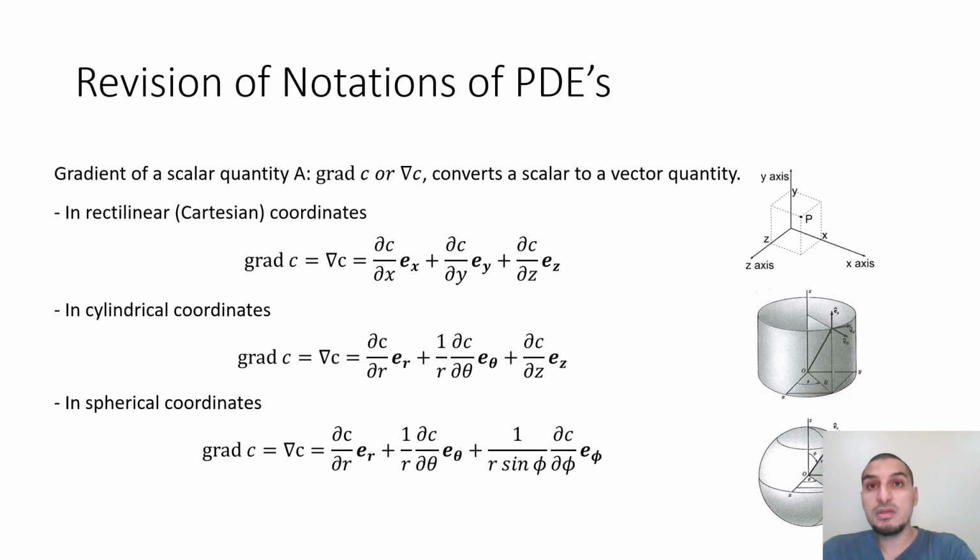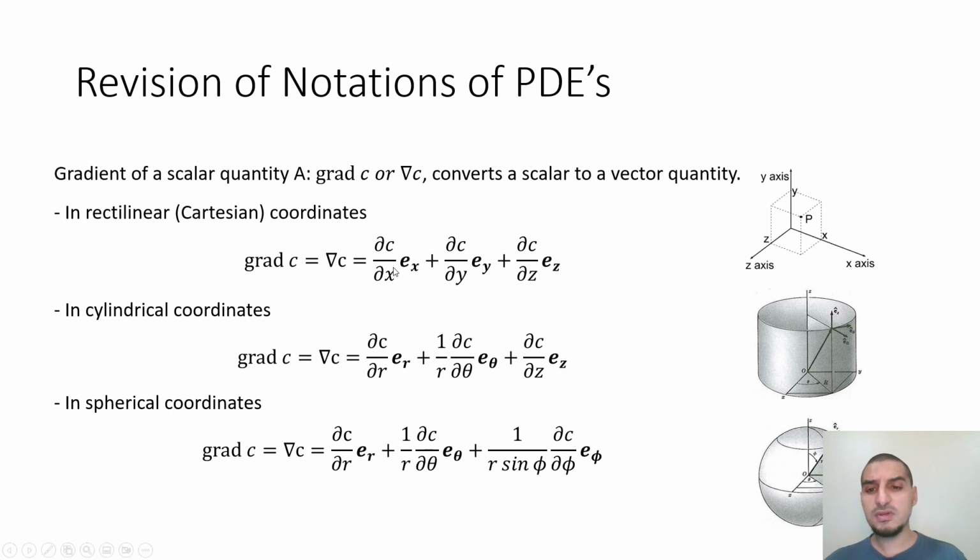And the direction is defined based on the reference directions or the reference coordinates. And we have three types of coordinate systems that we deal with. We have the Cartesian coordinates, which define a point in space by defining the x, y, and z. And this is the simplest, most commonly used method of defining points in space.